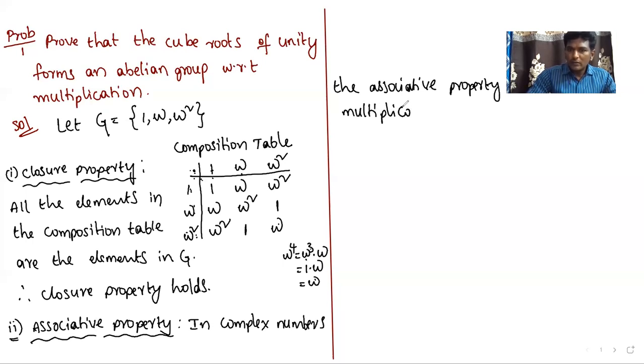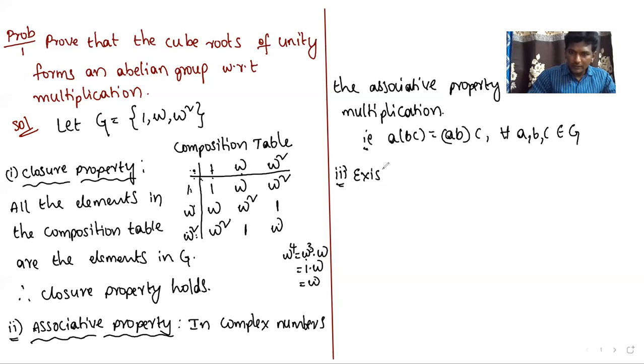That is, multiplication associative property means A into BC is equal to AB into C for all A, B, C belonging to capital G.